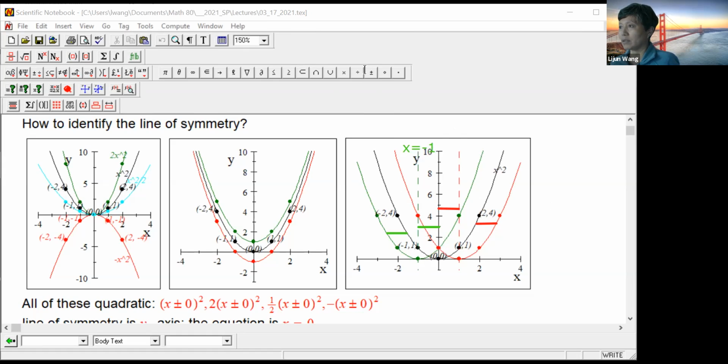Let's look at the red. The red is the black one shifted to the right by 1 unit, and that equation is x equals +1.